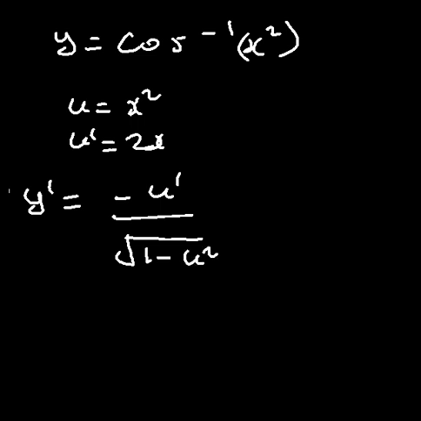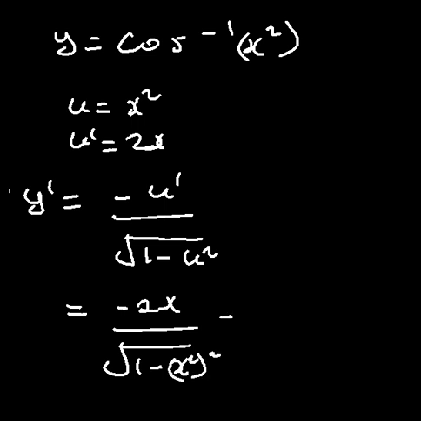That is very important. So u prime is 2x, which gives negative 2x, divided by the square root of 1 minus x squared, all squared. That is negative 2x divided by the square root of 1 minus x to the power 4. So that is the derivative.